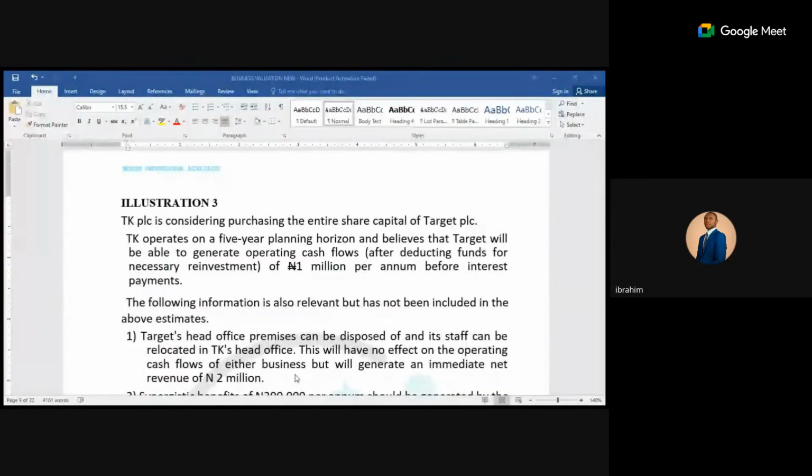Because if it's not generating anything, how did you arrive at the value? It is the cash flow that is expected. That will take us to the free cash flow part of it, but it is not covered in your syllabus, right?